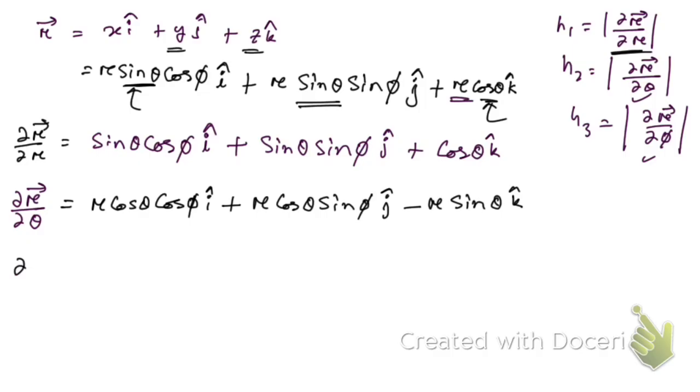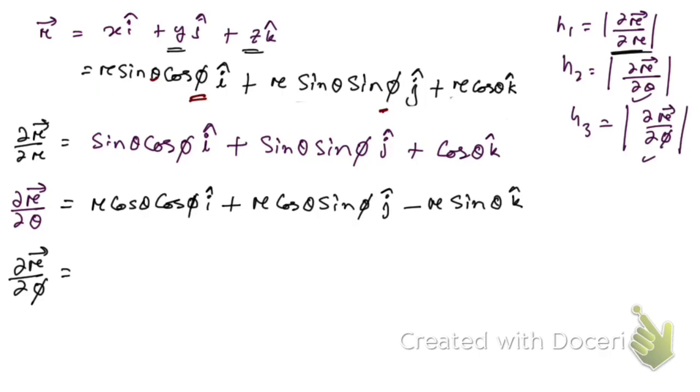Similarly, let's differentiate R vector with respect to phi. This time phi is to be taken as the only variable, so the other parts are constant.